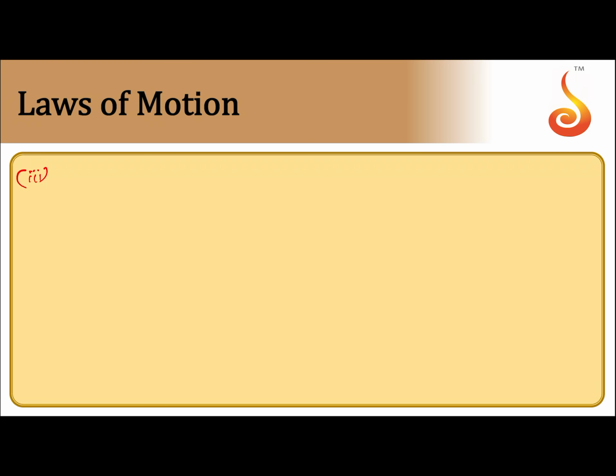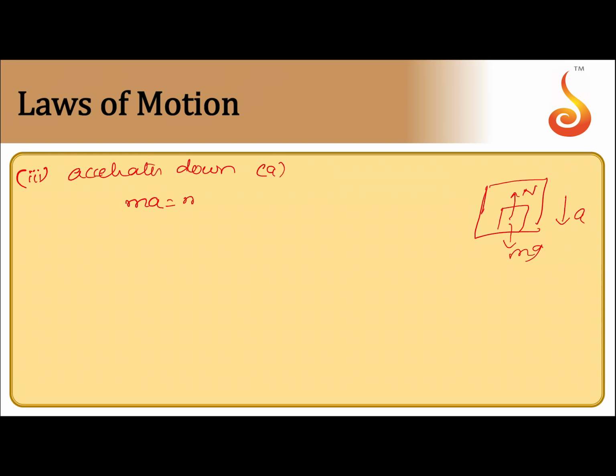Case number 3. This time the lift is accelerating down. The lift accelerates down, forces are mg, N, and your equation of motion becomes ma is equal to mg minus N, or N is equal to mg minus ma. Is that correct? Yes, mg minus ma.